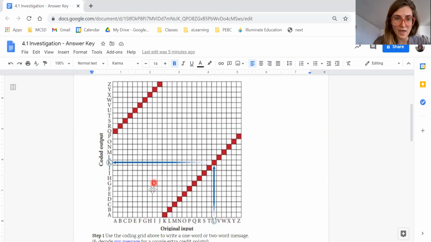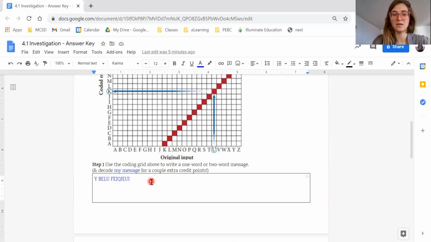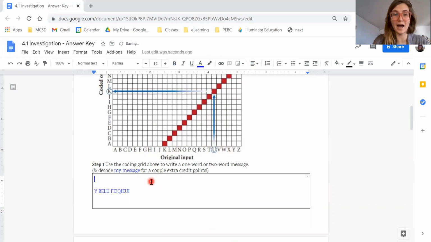So I find H, and then I just follow that line all the way up until I find the red square. And then I go over, and so H coded would be X. And then again I follow that all the way up. I coded would be Y. So if I wanted to write hi, that would be XY. Okay?